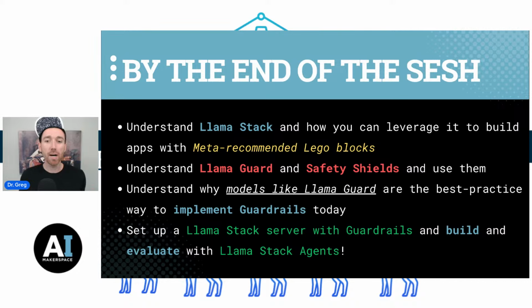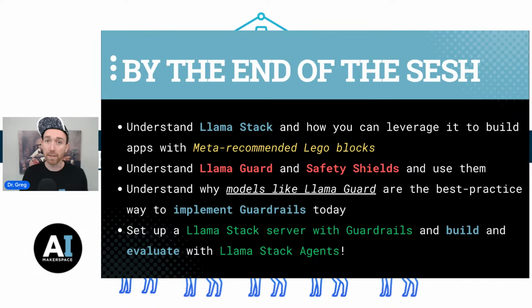And we want to understand why actually using a model, turns out Llama Guard is just another LLM, has become really the best practice way to implement guardrails the way we typically think about them in a first cut way today. But there's lots of ways to think about them, and so we'll spend a lot of space during today's discussions.